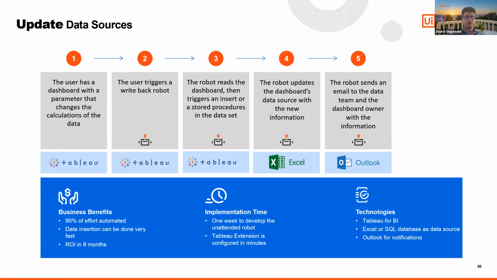When we say effort, we mean the manual effort to go and update these numbers, and the data insertion can be done very fast. As for technologies used, it would be Tableau for the dashboard part, Excel or an SQL database as a data source, and of course Outlook for the notifications.